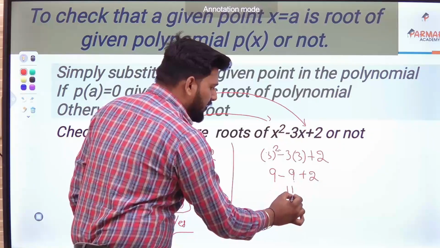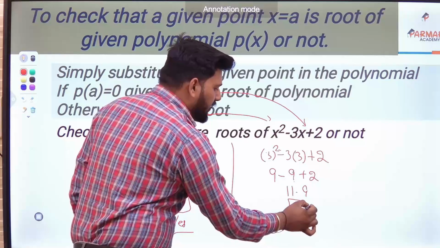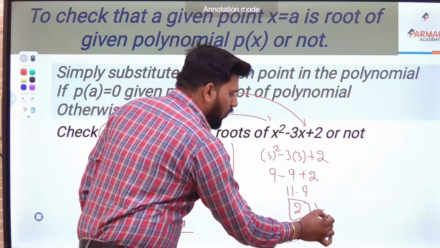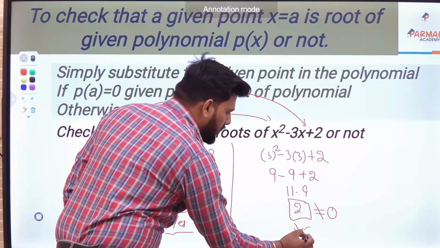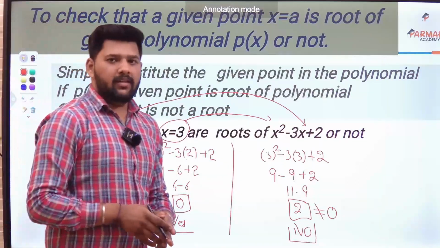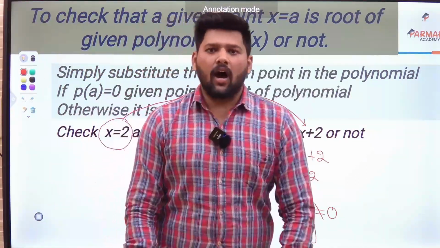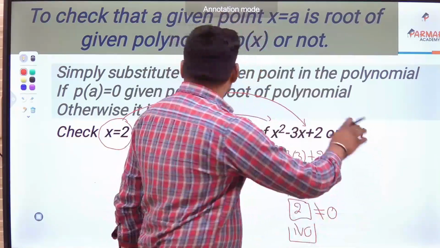That is 11 minus 9, that is 2. At the end, we will get the value 2, which is a non-zero value. So x is equal to 3 is not a root of the given polynomial. We have discussed how to check the root and how to find the root.